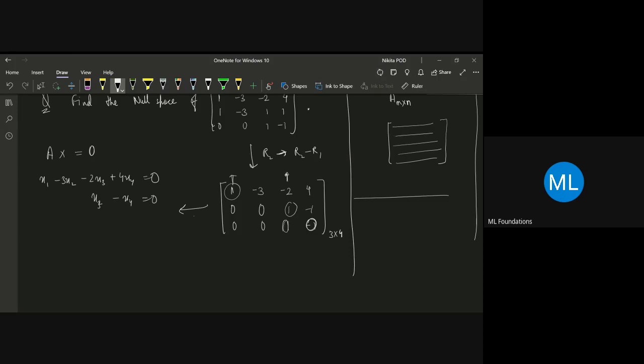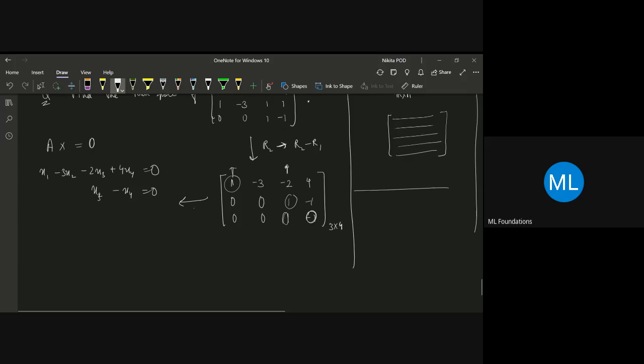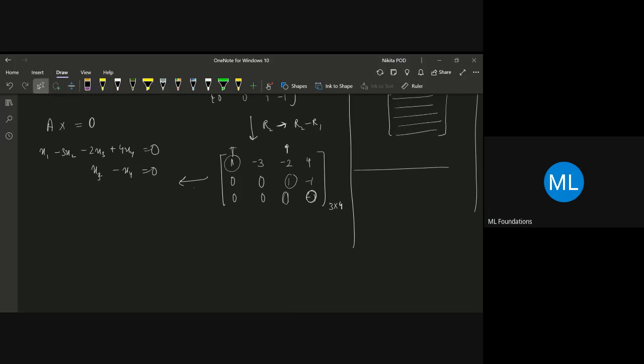So x1 and x3 are basic variables, right? So you have x1 minus 2x3, which you can write as 3x2 minus 4x4, and you get x3 to be x4.